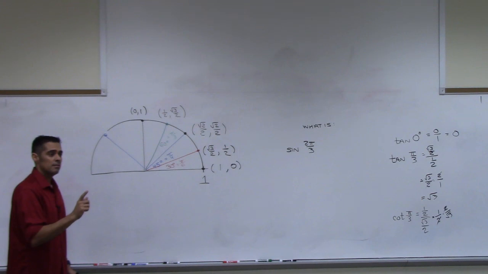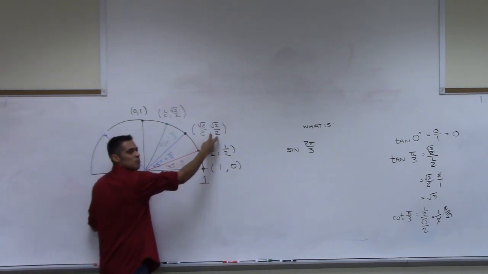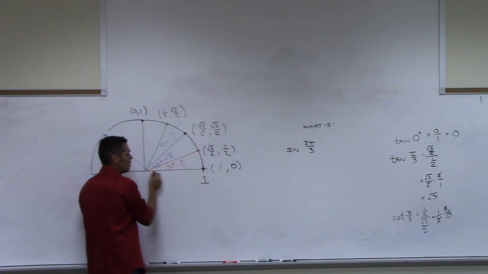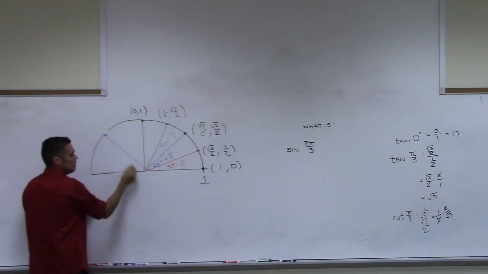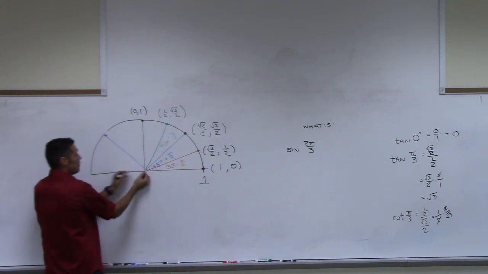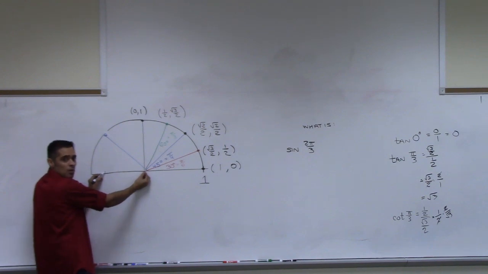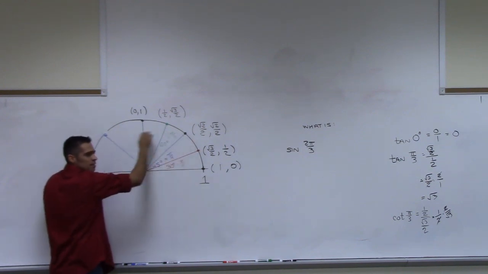Let's think through that, okay? And the way to think about this is, look at this point right here, right? This is the x and y coordinate. That tells you how far to go out and up, right? I actually want to be here now. So I still want to go out this far, but I don't want to go out this way, I want to go out this way. That means my x coordinate needs to be negative. Then I still want to go up to the same height, don't I?